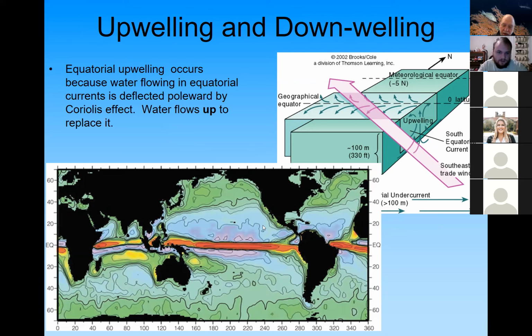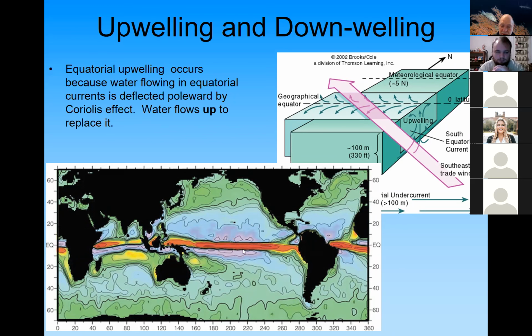We've got a rightward deflection in the northern hemisphere, a leftward deflection in the southern hemisphere as this wind flows across the ocean. And then, of course, the Coriolis and the Ekman processes are causing the water to move at right angles from the wind.